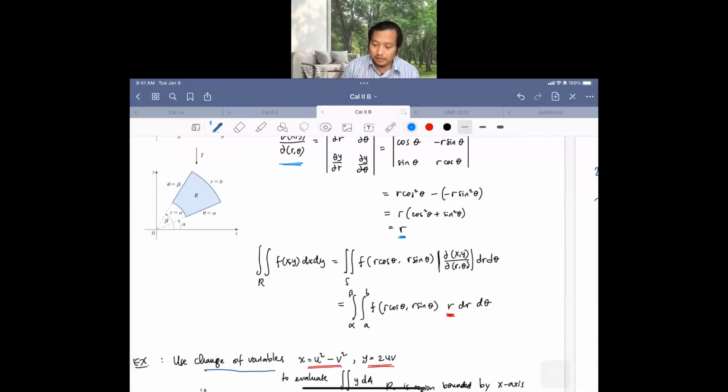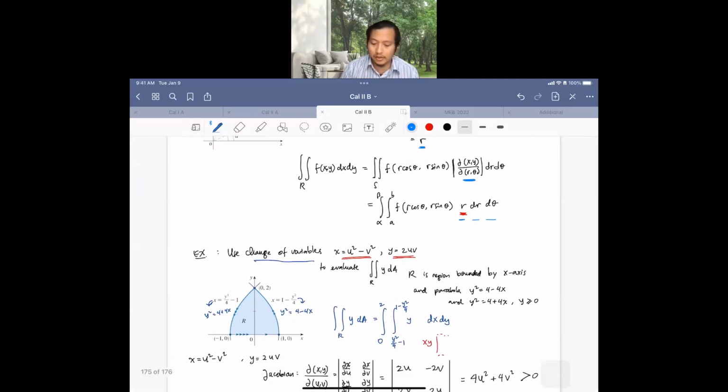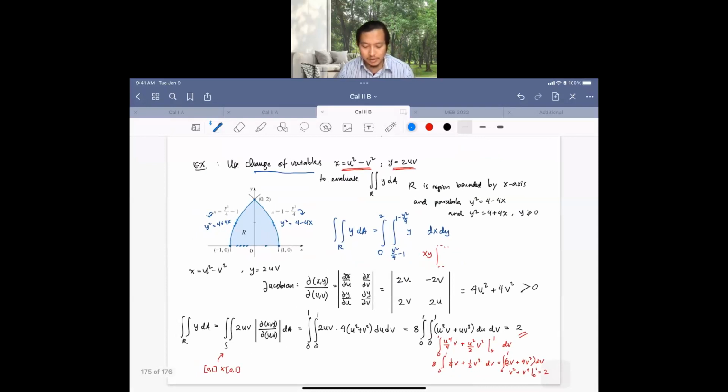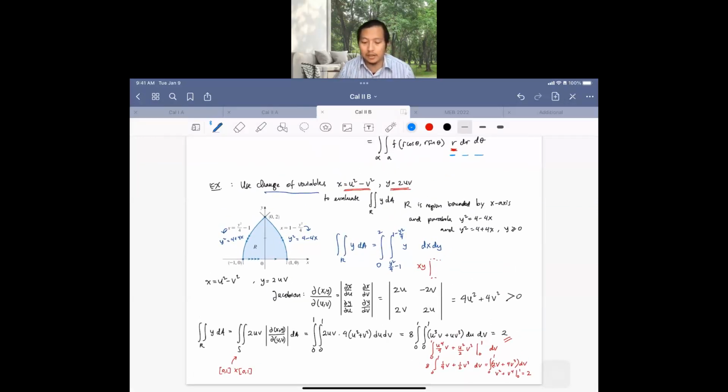So we just add this r as a Jacobian here. So r dr d theta. Okay, so that's for the polar conversion. And this is another explanation, if we want to evaluate the previous example, the square to the parabolic structures, right?